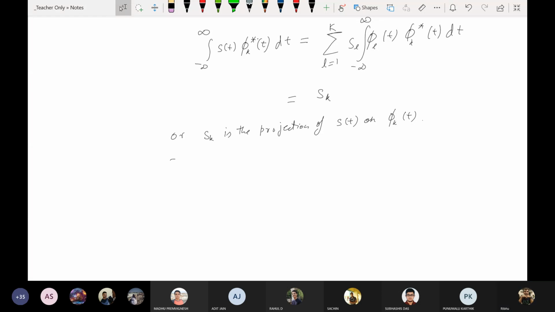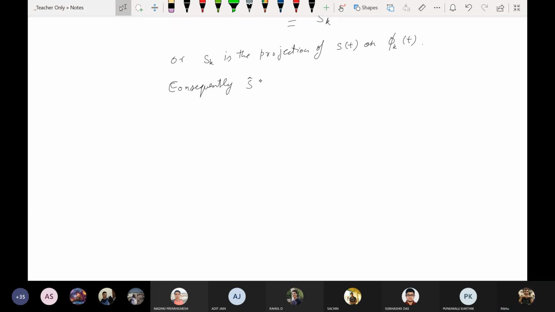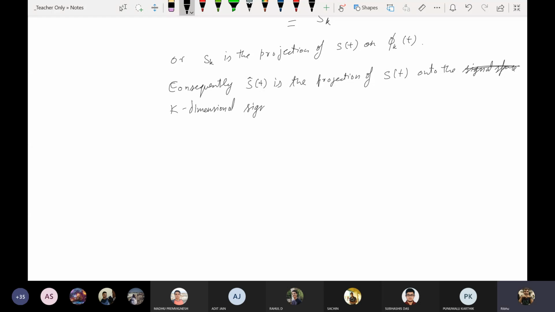And consequently, s hat(t) is the projection of s(t) onto the signal space, or onto the K dimensional signal space spanned by phi_1(t) up to phi_K(t). Right.